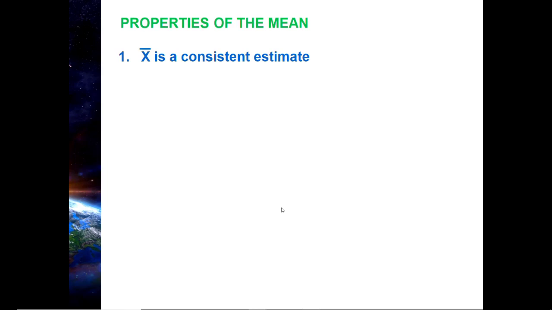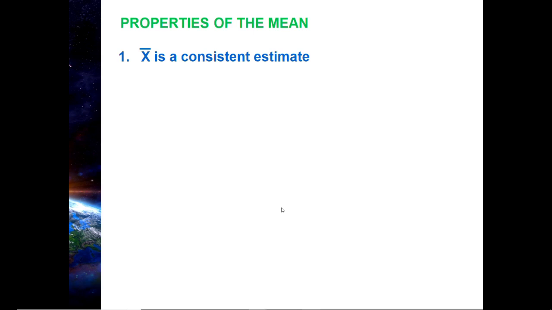Okay, so moving on then. Properties of the mean. First one, X bar is a consistent estimate. Now, I bet that if you were walking down Main Street in Cedar City, for example, and you stopped the first person you encounter and asked them what it means to say that the mean is a consistent estimate, you might hear somebody say that whatever you calculate as a mean, you're going to get the same response over and over again.